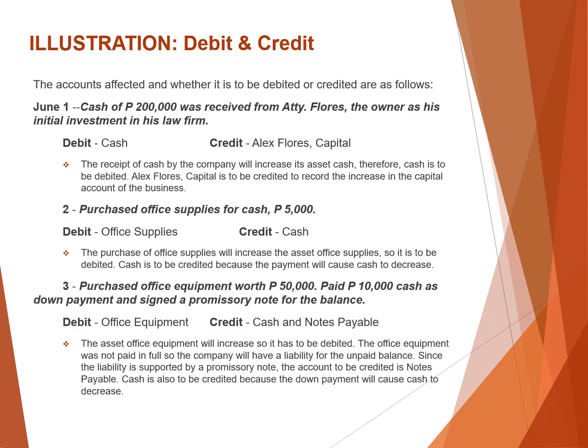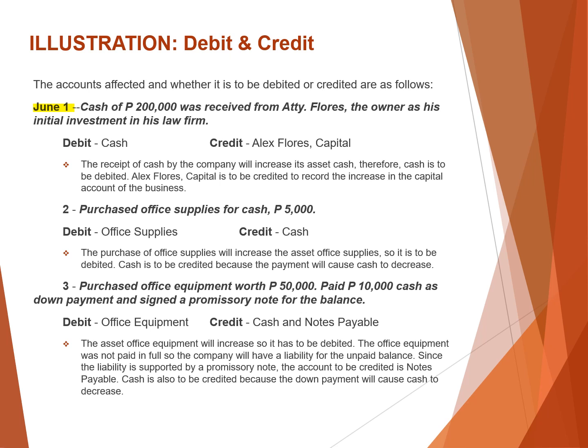Now, we have here the illustration on how to apply debit and credit. The first illustration or transaction is June 1, wherein Attorney Flores invested 200,000 in his law firm. Okay, so what is the first question here?